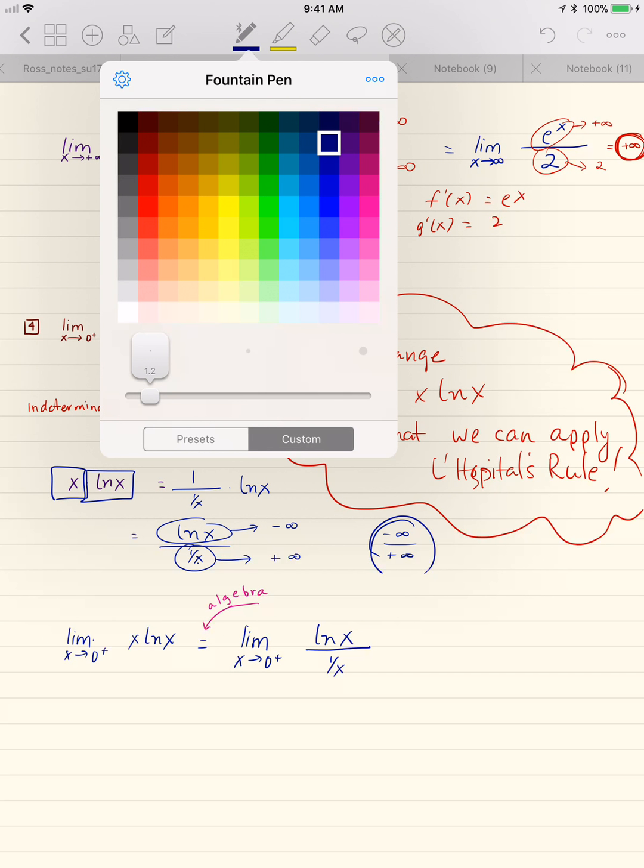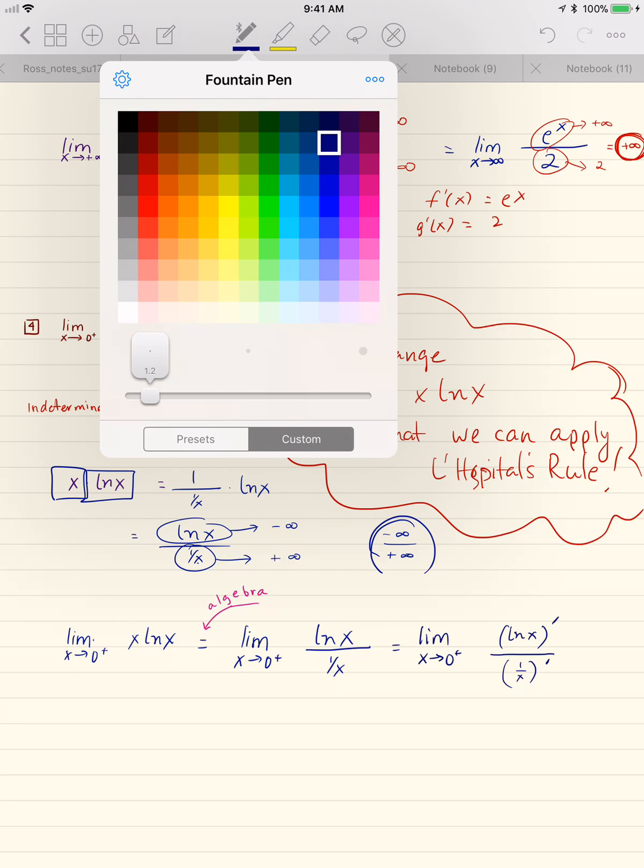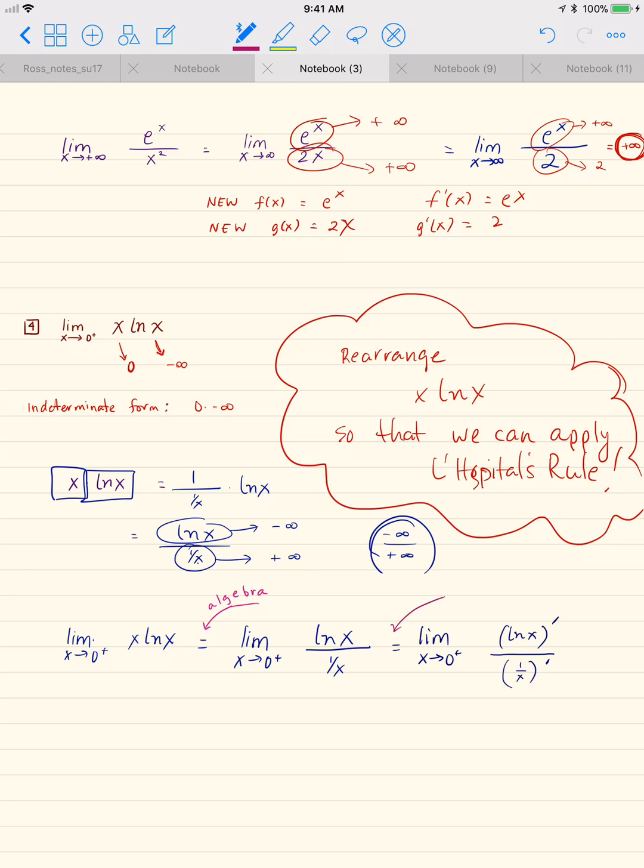And now this is equal to the limit as x approaches 0 from the right, and we need the derivative of natural log of x divided by the derivative of 1 over x. This step is true from L'Hopital's rule, so I just put L-H for L'Hopital.